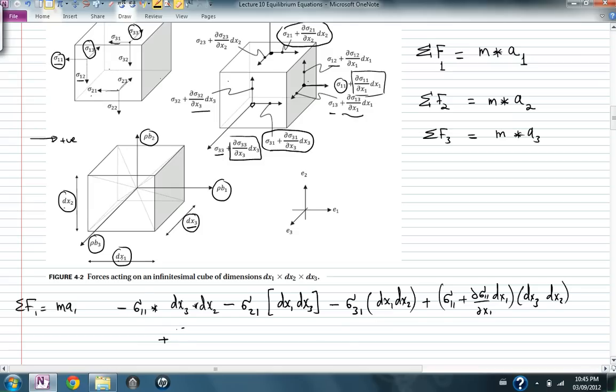So plus sigma to 1 plus partial sigma to 1 by partial x2 dx2 multiplied by the area of the top face, which is dx1 dx3, plus sigma 3,1 plus partial sigma 3,1 by partial x3 dx3 multiplied by the area of the front face. The area of the front face is dx1 multiplied by dx2.